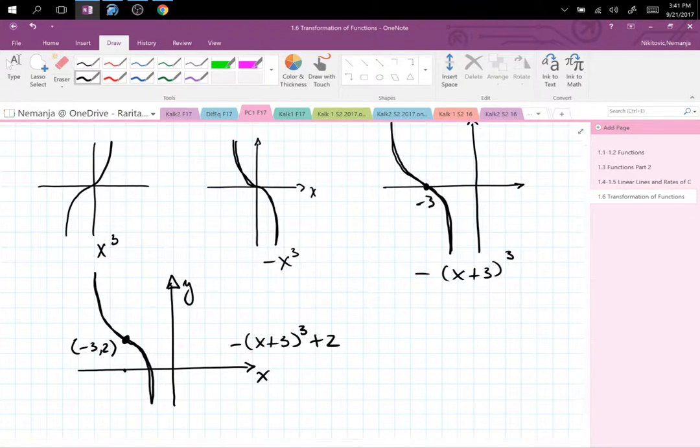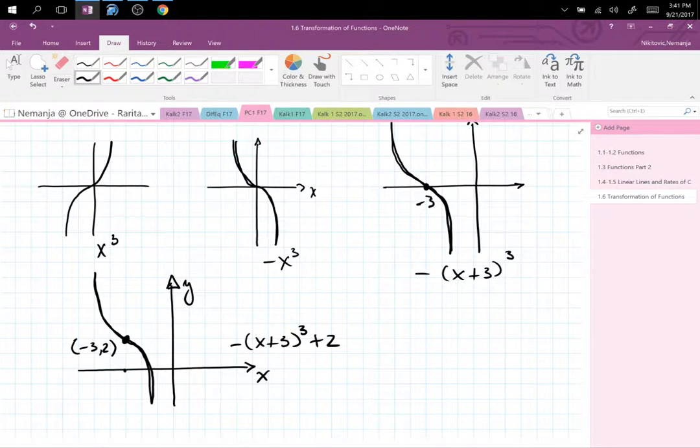Yes? Why did you shift 3 to the left? It was +3. So then you carry over, it's actually -3. +3 goes to the left, -3 goes to the right. That is not obvious.